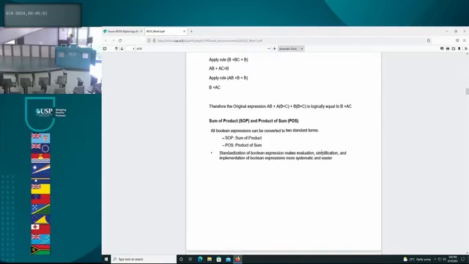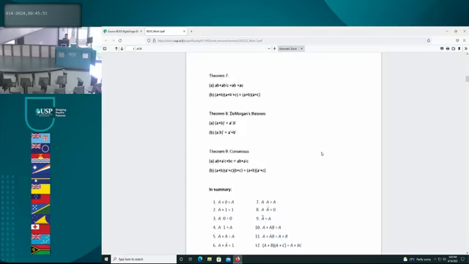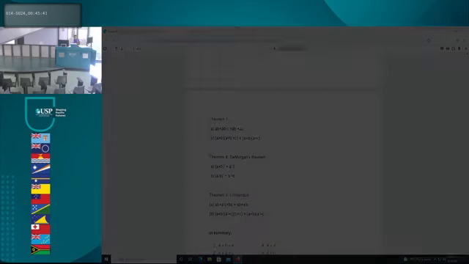Have you done construction of XOR gate? Anyone? Construction of XOR gate? No, not yet. No? Wait, okay, hold on.